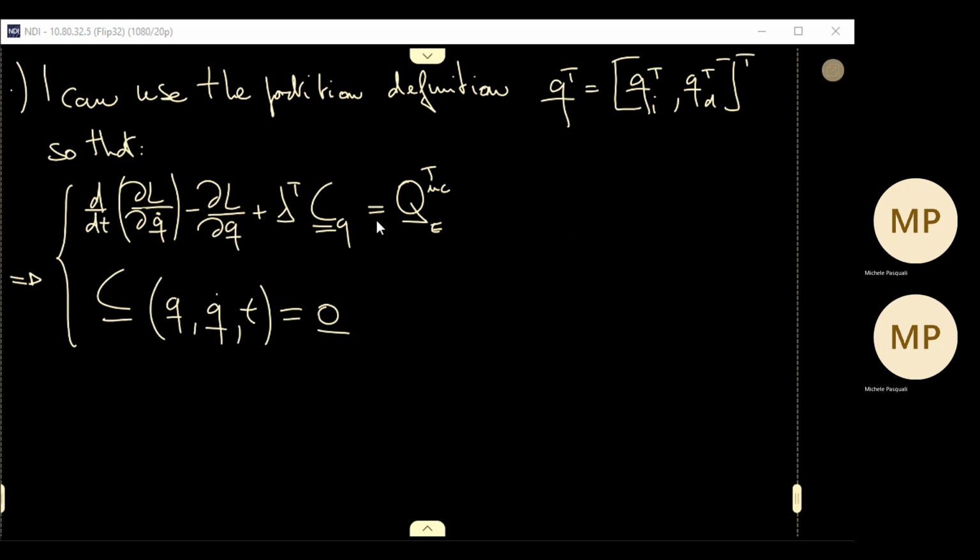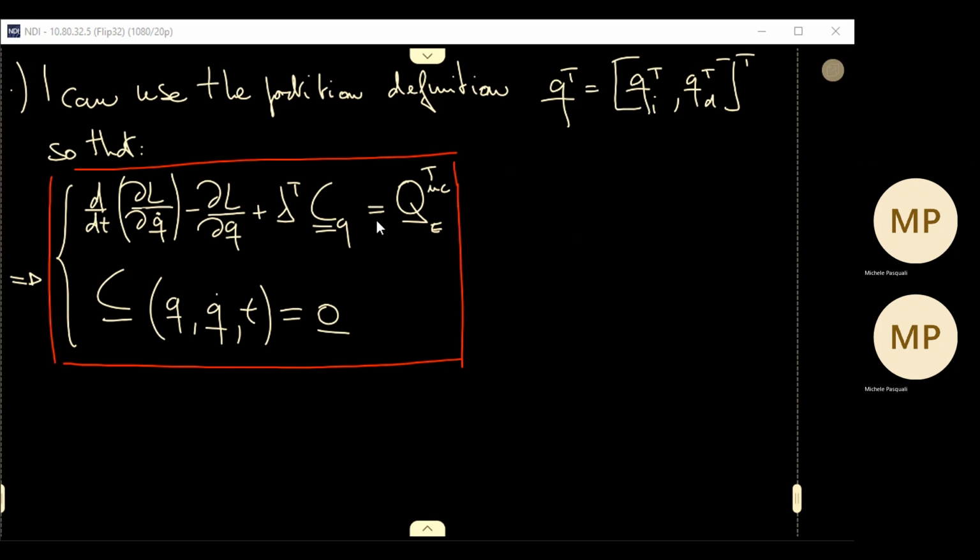And this is the final form of the embedded formulation. So what are the differences here between the result of the augmented formulation that we saw previously and this one? Can you name the difference?